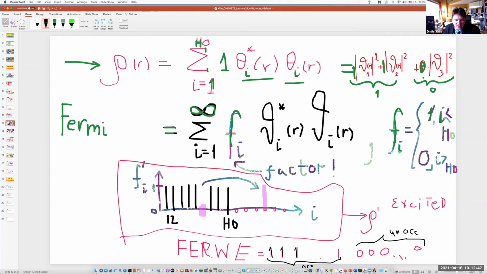So if I add Fermi weight, then I need to count exactly how many orbitals I have. Like here I should put as many ones as there are orbitals. If I have 32 orbitals, I need to put 1, 1, 1, 1, 1, 1, 1, 32 times. And then 0, 0, 0 as many times as there are empty orbitals. If I use this command, it will change nothing. So I put it in the input card. It will reproduce the ground state calculation.